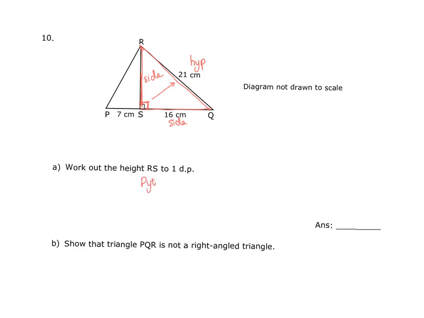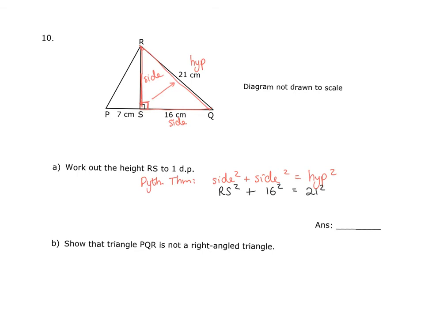Pythagoras theorem states that side squared plus side squared equals hypotenuse squared. Now one of the sides we have to find, the other one is 16, and the hypotenuse is 21 squared.